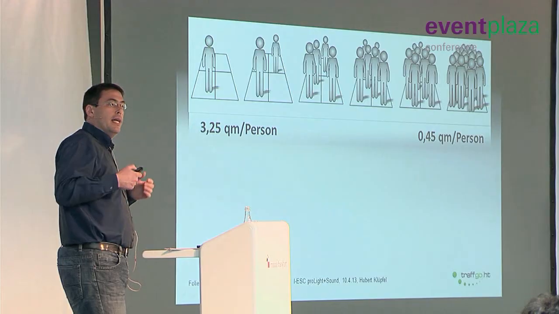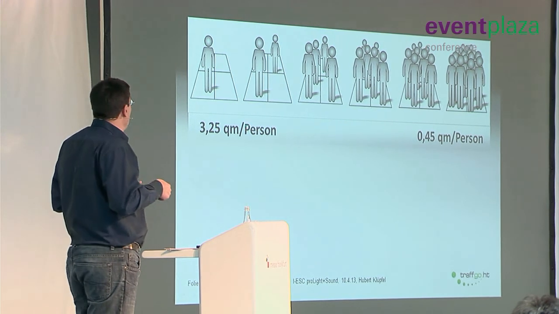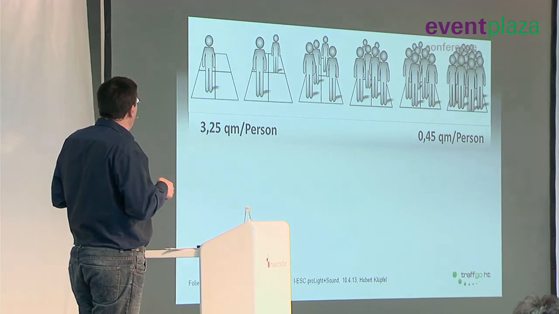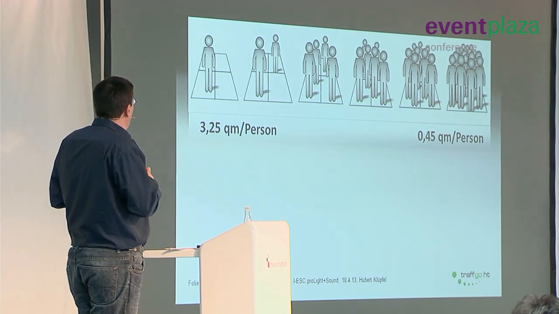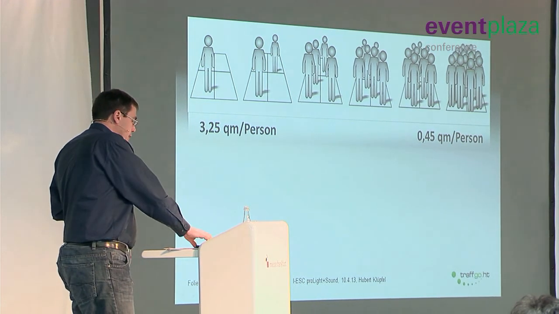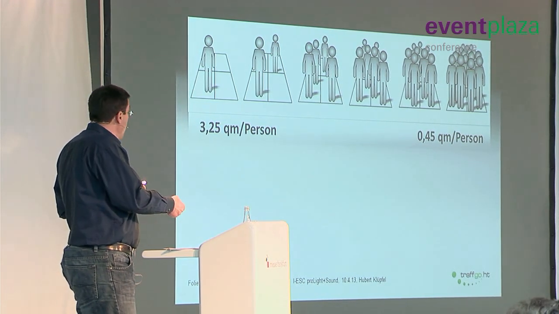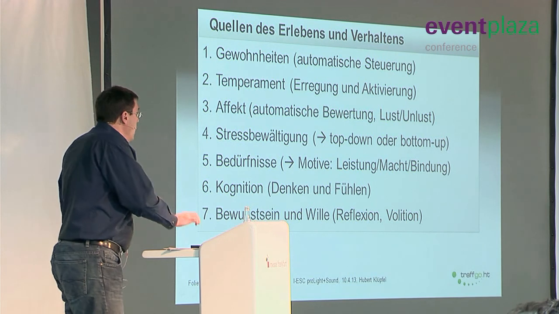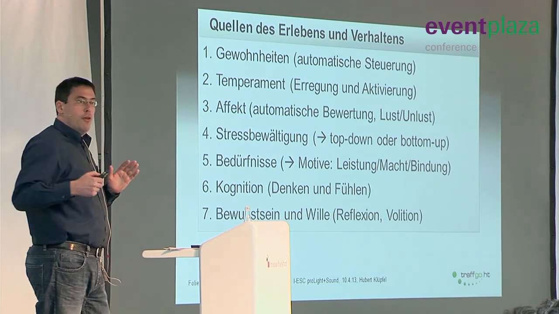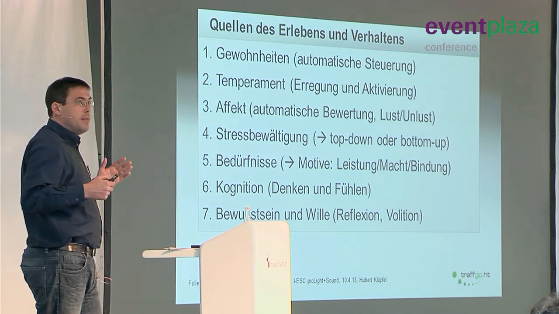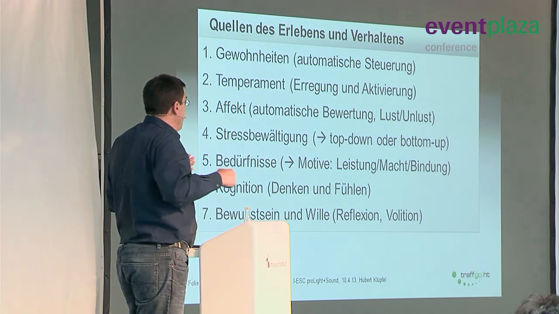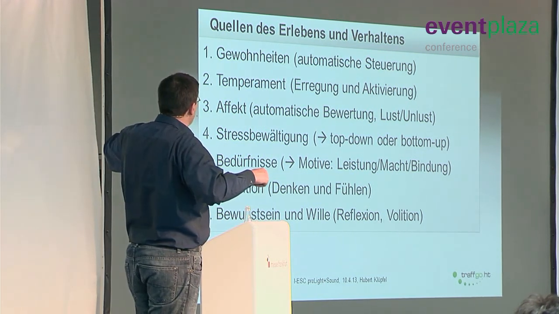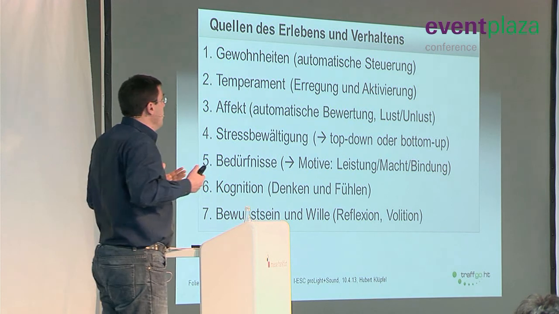This has to do with quality levels. It has to do with road traffic planning. This is where it comes from originally. And if you calculate it the other way around, you may as well calculate how much of a surface, how many square meters are available for an individual person.